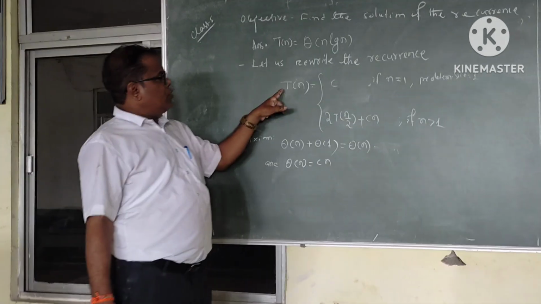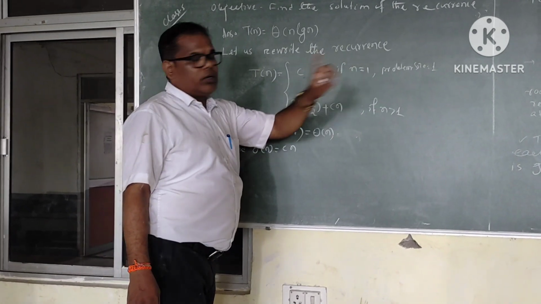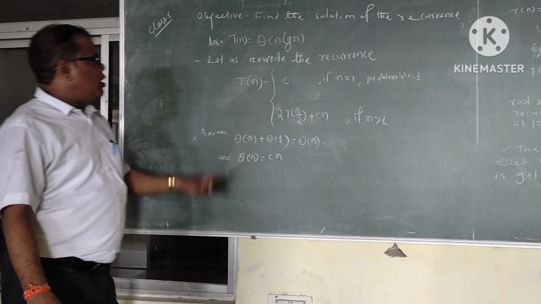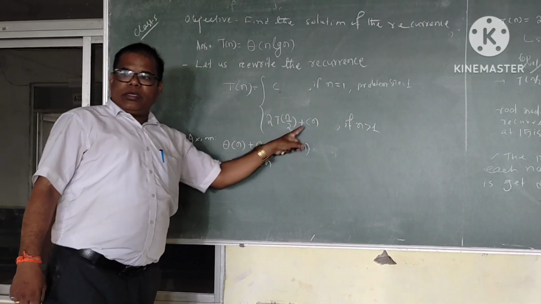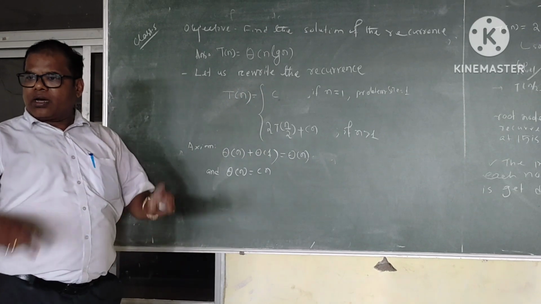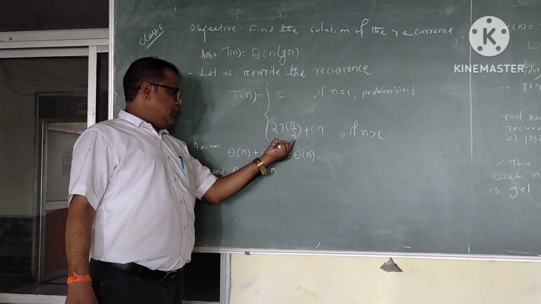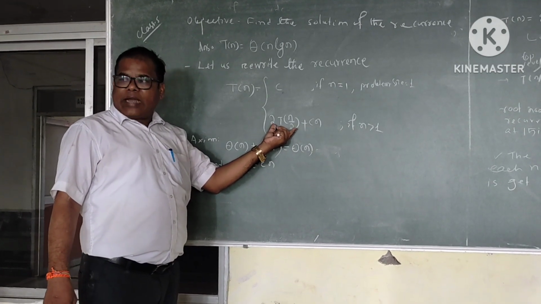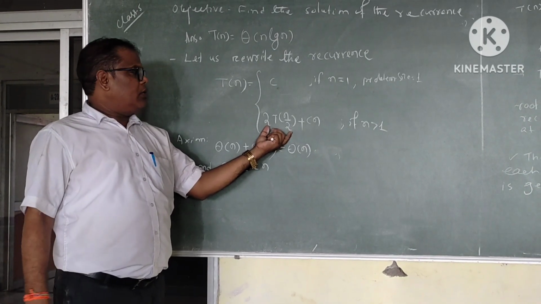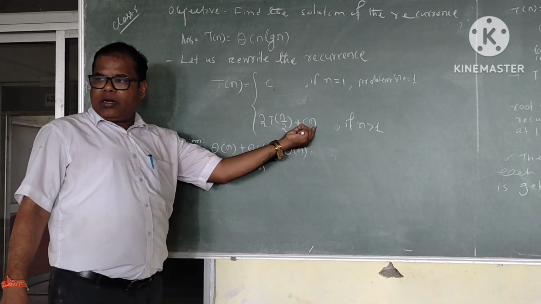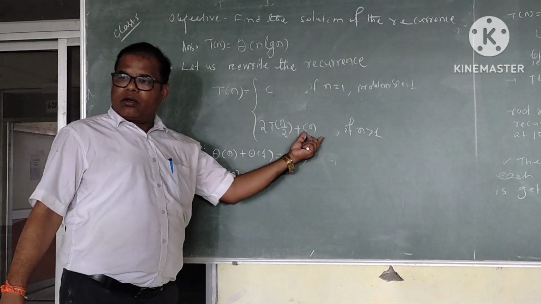What is that format here? The running time T of n will be equal to C if the problem size equals 1. That is number 1. Number 2: if the problem size is greater than 1, the problem is divided, conquered and combined in this approach. So what we have written here is the time to find the solution of the two subproblems recursively, and this is the time required for both the divide and combine steps.